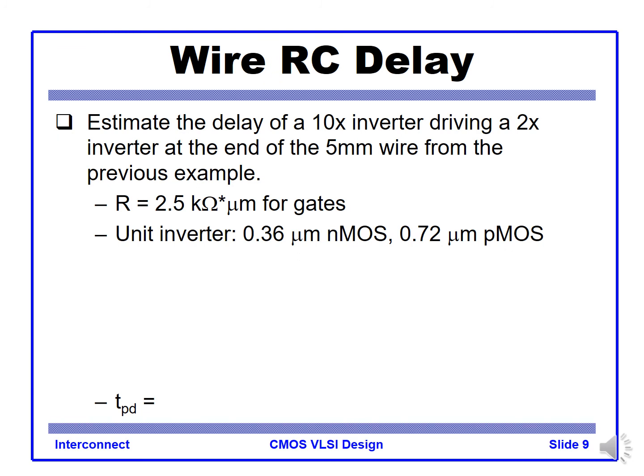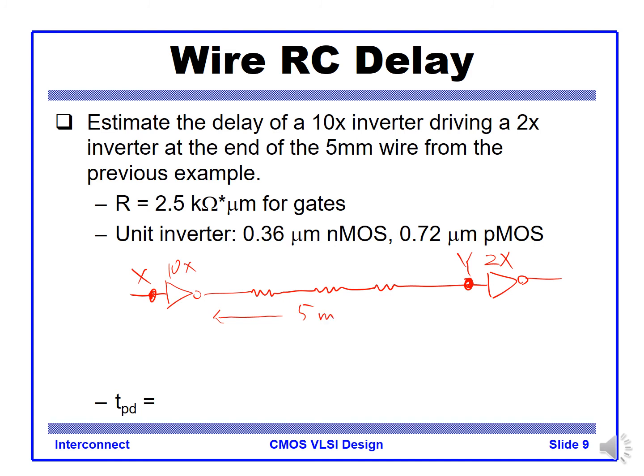This is an example of calculating wire delay. Let's assume we're trying to estimate the delay of a 10x inverter driving the wire, with a 2x inverter at the output. From here to the output, from X to Y, how much delay will we get?